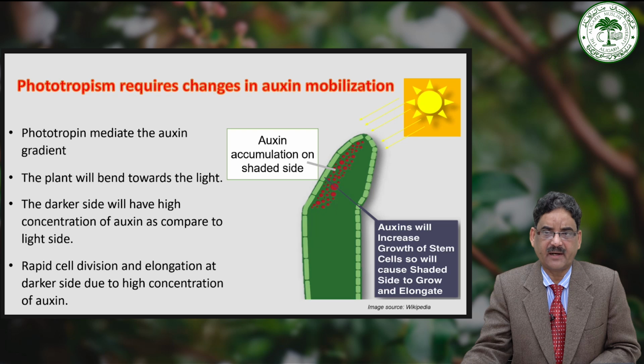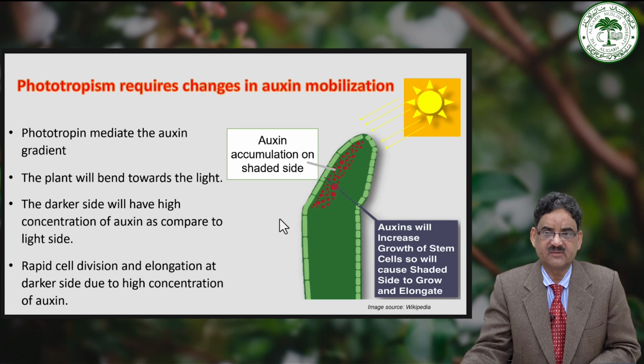There are alterations in auxin mobilization as shown in the diagram. Phototropins, acting as crucial photoreceptors, coordinate the establishment of an auxin gradient within the plant. When exposed to light, the plants tend to bend toward the light source.